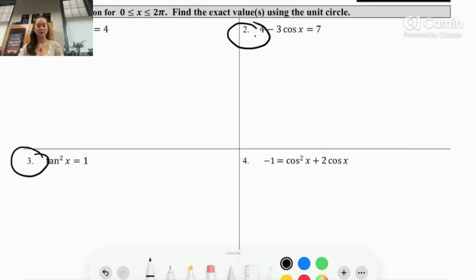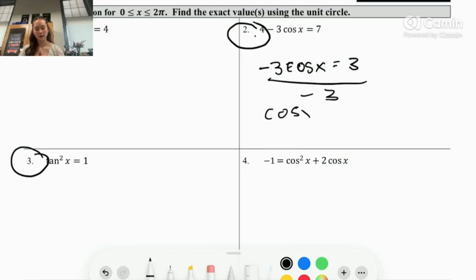Okay, so we're going to start with question 2, and we're going to subtract 4 from both sides so that we can separate the cosine and the x. We get -3 equals cosine x. Then we divide by 3 on both sides, so you'll get cosine x equals -1.